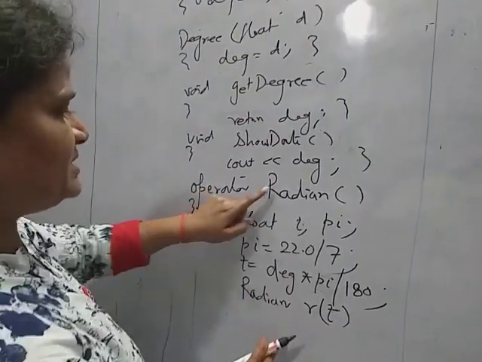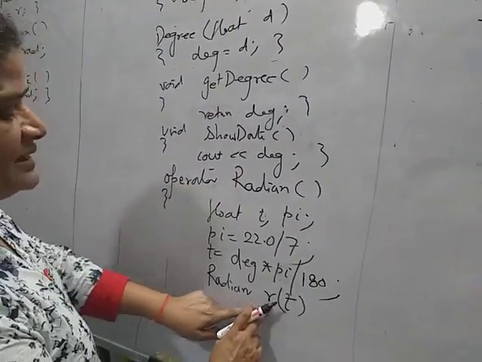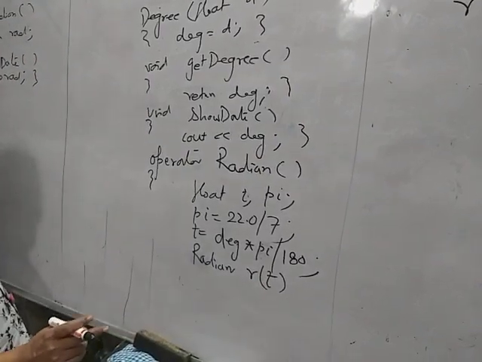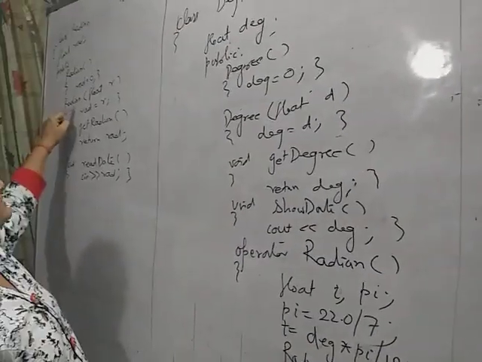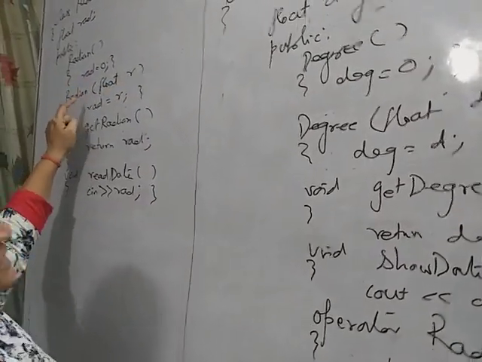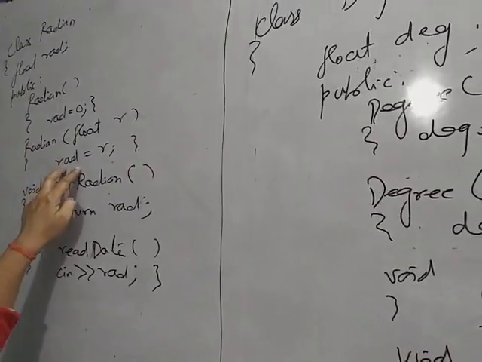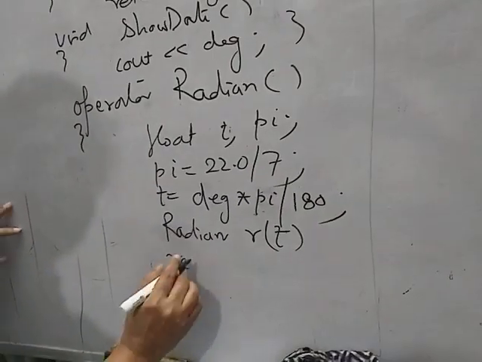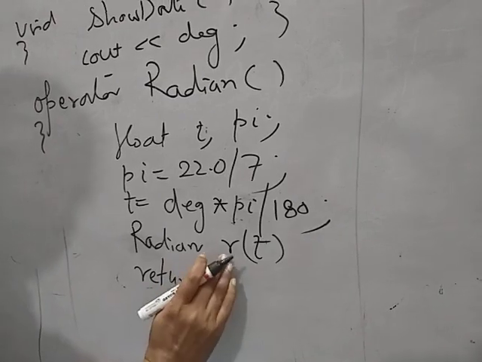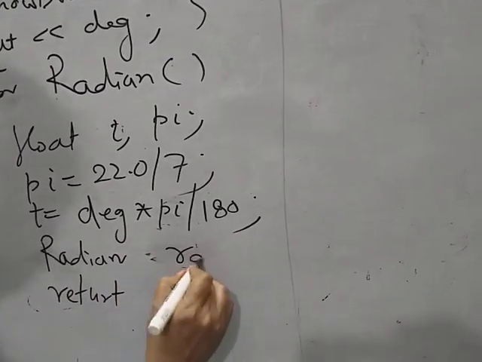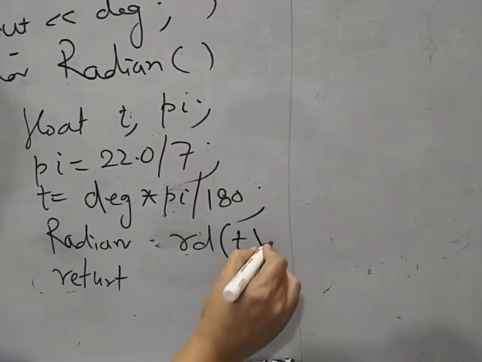So from this routine, the radian class object is created and the radian constructor will be called, and t is simply the radian data member, its value is initialized. Here you write return RT.